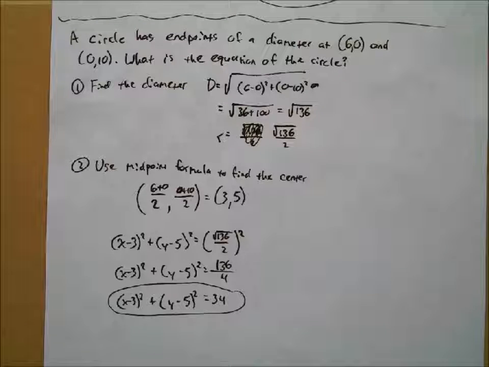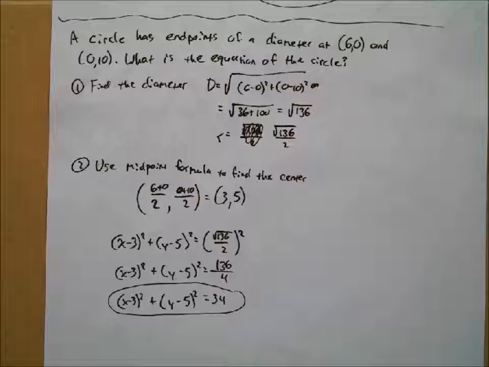Did anyone have in mind a different strategy than the one we took here? Hayden, what are you thinking? I just found the midpoint first and then found the distance. Aha. So find the midpoint and therefore the center first, and then you did the distance between what 2 points? The center and one of the points. And that will give you the radius straight away, as opposed to having to divide by 2.